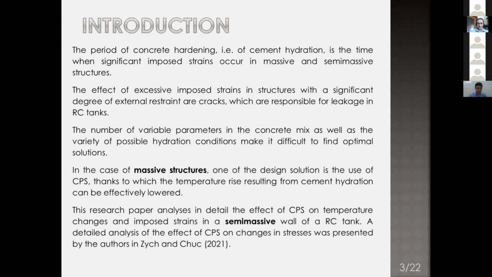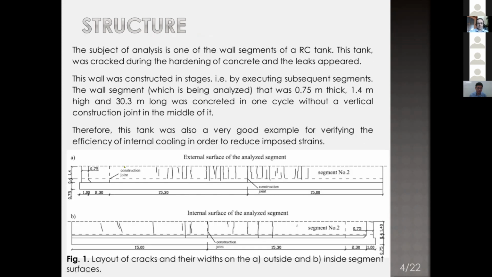A detailed analysis of the effect of CPS on changes in stresses was already presented by me and by my co-author in the paper which is in the references. Today we will say only about strains. So the example which was analyzed is part of the external wall of a reinforced concrete tank. We see the first part of this wall.